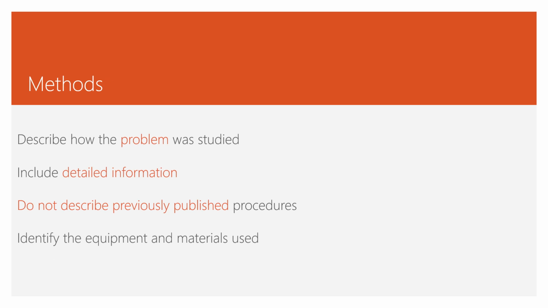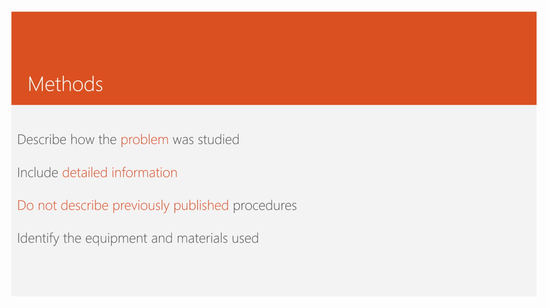The introduction section is followed by the methods section. Generally, it is called the materials and methods section or experimental section. In this section, you describe the different methodologies you used to solve a research problem. You include the detailed information and protocols used in your research article.